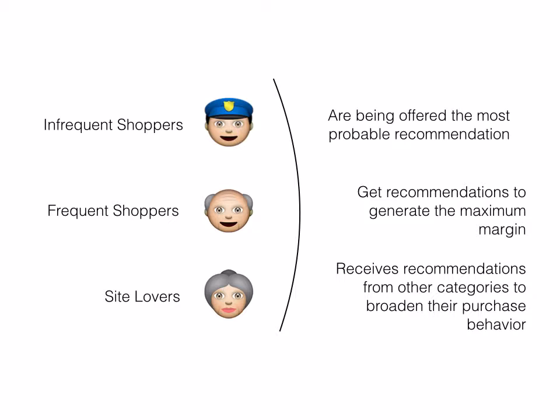You want to get recommendations to generate the maximum margin, because you're sure they're going to come in, but you want to get the biggest profit margin. So you would engineer the type of marketing that you would do for when they do come into the store, not if. And then for site lovers, this is where you're trying to get them in. So you receive recommendations from other categories to broaden their purchase behavior.